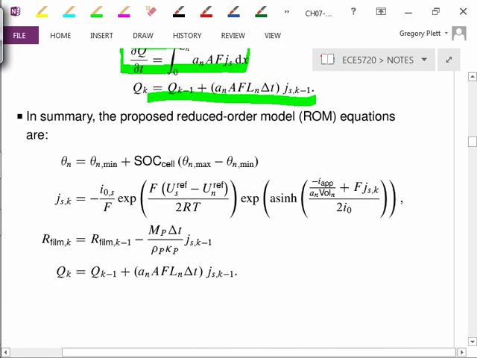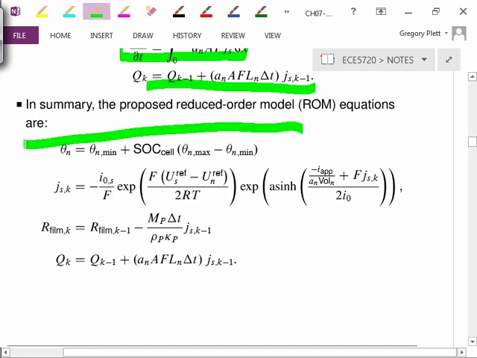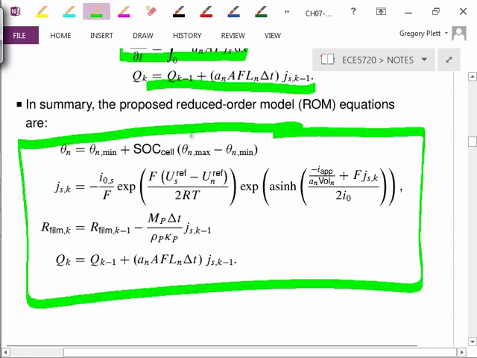So overall, the simplified model looks like this. Every time step, I first compute what is the stoichiometric operating point of the negative electrode on average. Then somehow I solve this equation for Js, and the only issue is that it's on both sides, and I need to be a little bit tricky when I'm solving for it.